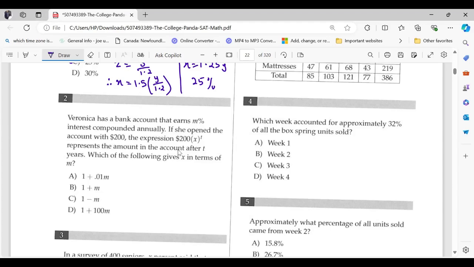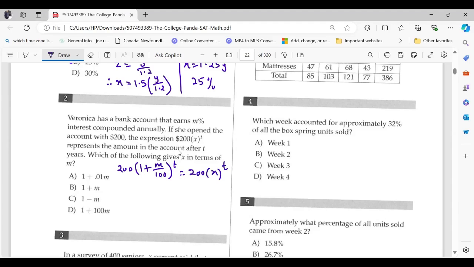Which of the following gives S in terms of M? Now, remember, if we are using M%, we are going to have 200 times 1 plus the rate, which is M per 100, to power T. And this is going to be equivalent to what we are given here.